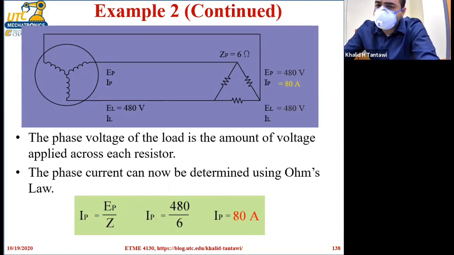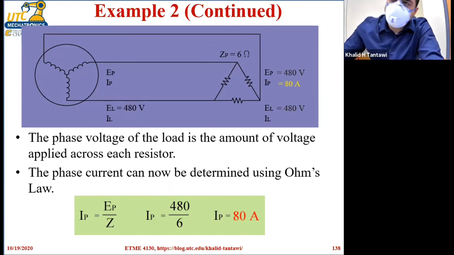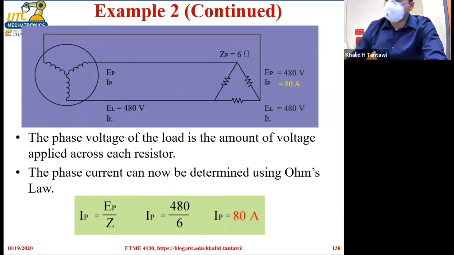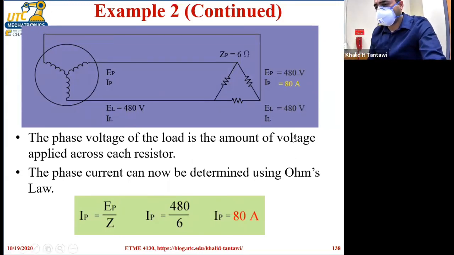How do you find it? He says the next easiest quantity to find is the phase current on the Y, and the question is, how do you find it? Well, no, I guess it'd be the line current for the delta. Okay, good. So the easiest thing now to find is the line current for the delta. How much is it going to be equal to?